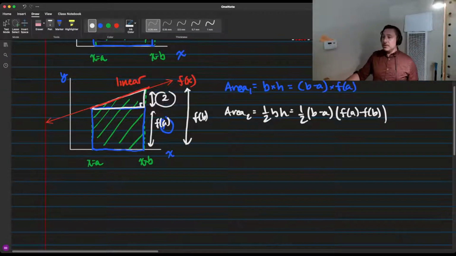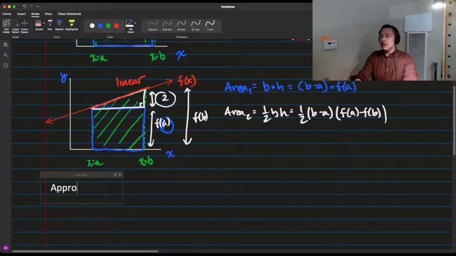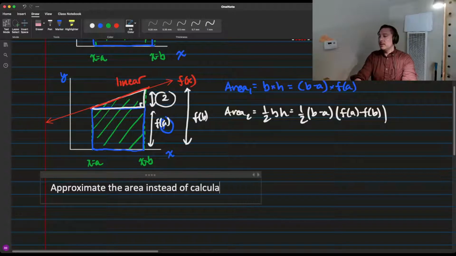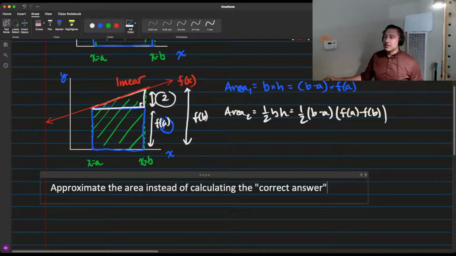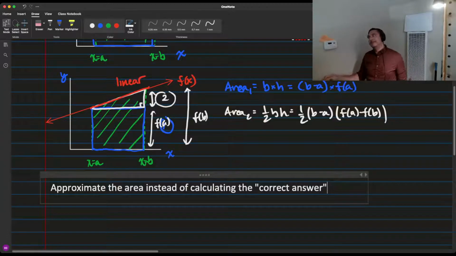So the solution that we have is that we approximate the area instead of calculating the correct answer. That's what we're going to start with. We're going to say, okay, I get it. It's curved on the top. I have no formula just to do that.